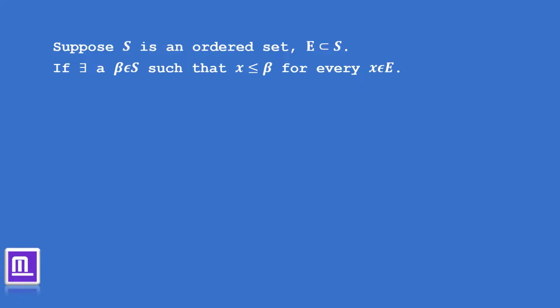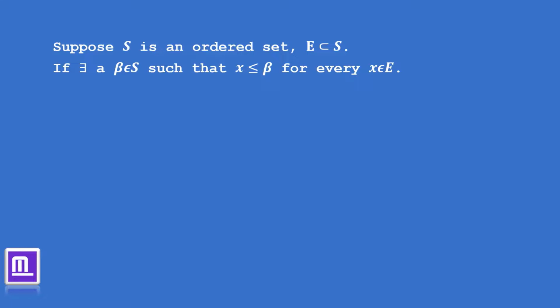This is my way of explanation, but in order to understand it, you can take the help of lesser than, and you may take S as the rational number set. So E is a subset of the rational number set. So if there exists a rational number beta such that x is less than or equal to beta for every x belonging to E, this is an example with the notion of lesser than.